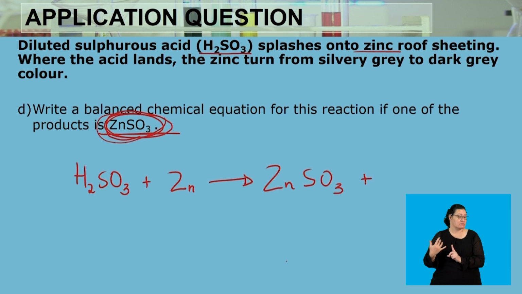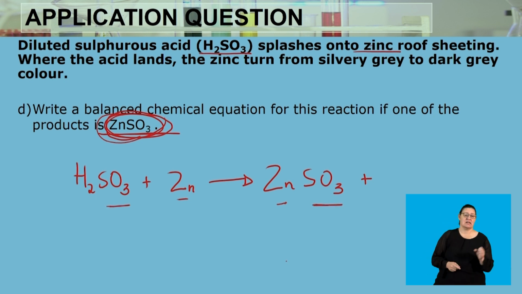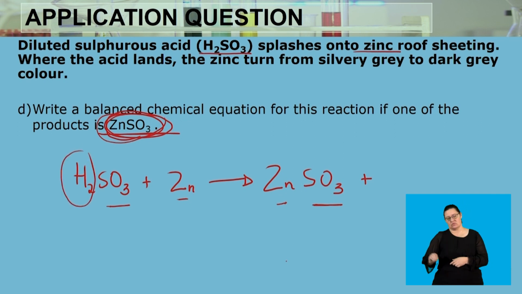ZnSO3 plus. So now we need to check if on the reactant side we had zinc and on the products also have zinc, and then we have the sulfide on the reactant side and we still have the sulfide on the product side. What is missing is our hydrogen, our H2, as a diatomic molecule.